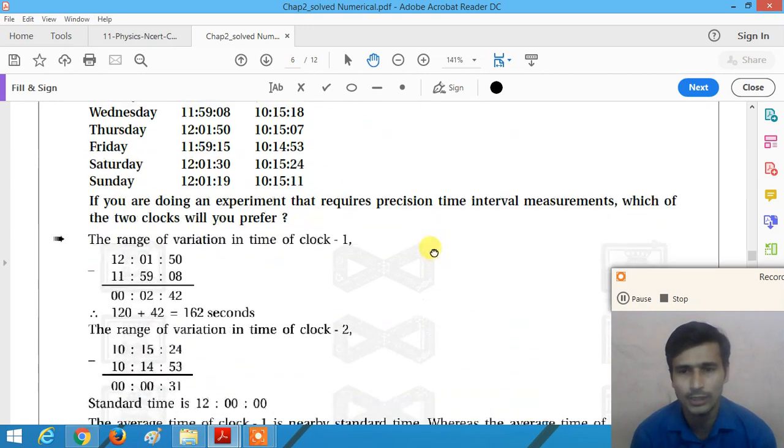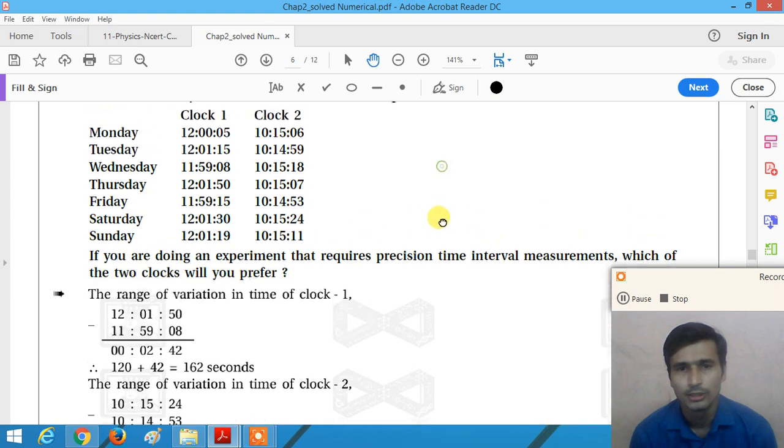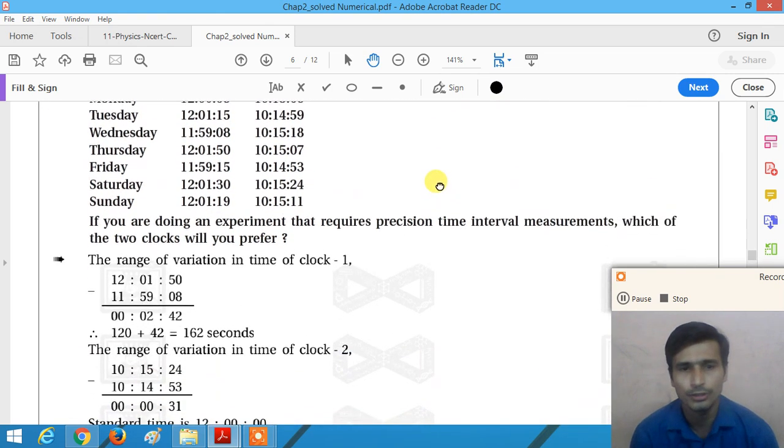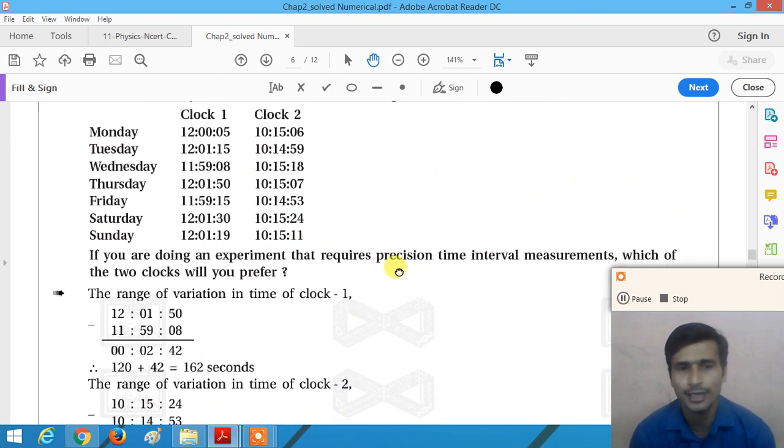Now the question is: if you are doing an experiment that requires precise time interval measurement, which of the two clocks will you prefer? In which clock is the reading more precise? In the first clock, let us measure the range of variation.